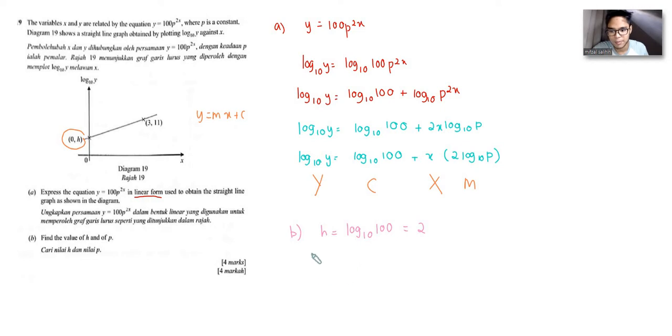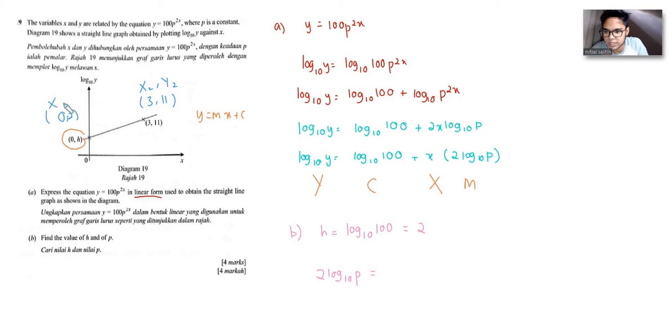Now we can find p, and p is in the gradient. This is our m. So 2 log10 p is equivalent to, we know our coordinates are 3, 11 and 0, 2. And this one is my x2, y2.